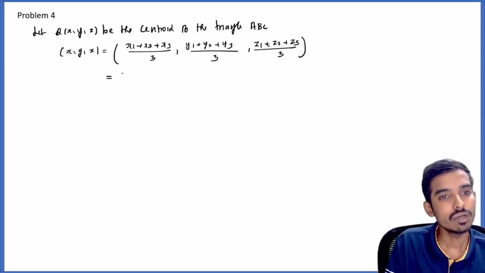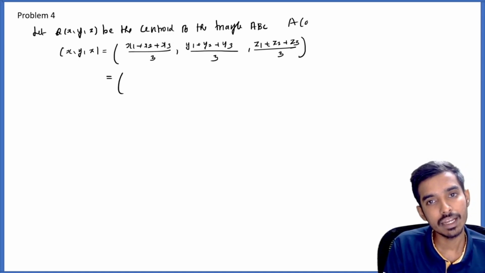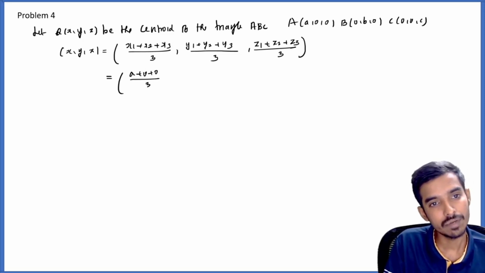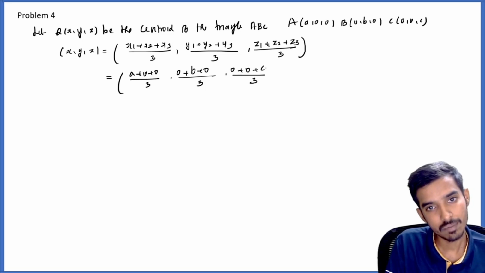Here ABC coordinates are A is a, 0, 0; B is 0, b, 0; C is 0, 0, c. Therefore this will be a plus 0 divided by 3, 0 plus b plus 0 divided by 3, 0 plus c divided by 3.